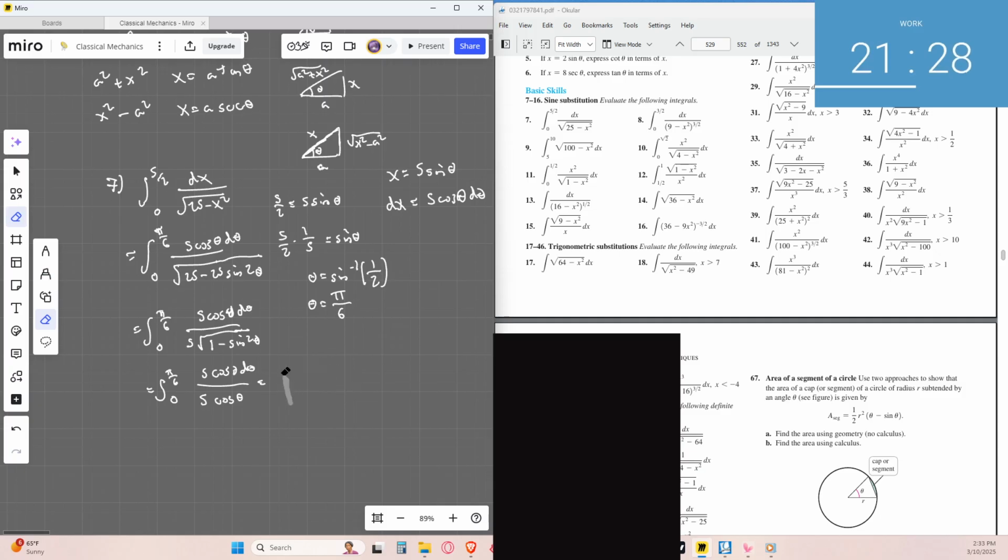So then we can erase this. And then we're left with, and then that will just leave x, which is theta, and then theta is going to be, which will equal pi over 6.